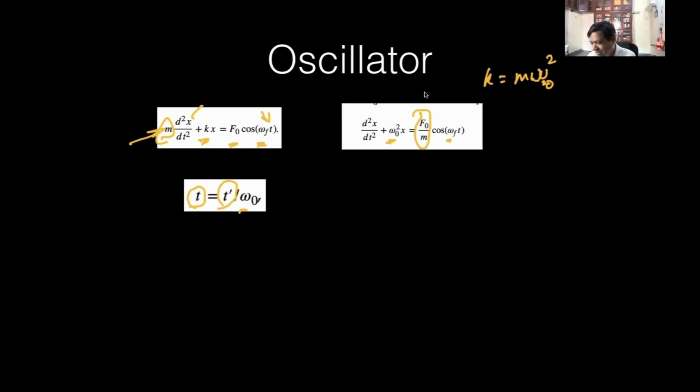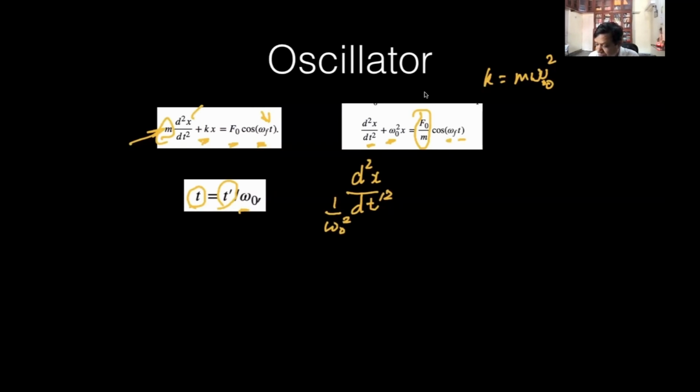So instead of the variable t, I'm going to use t prime in my equation. There are two places t occurs. So d squared x by dt squared means t occurs twice. With t equal to t prime by omega naught, 1 by omega naught will come here and 1 by omega naught here, squared.